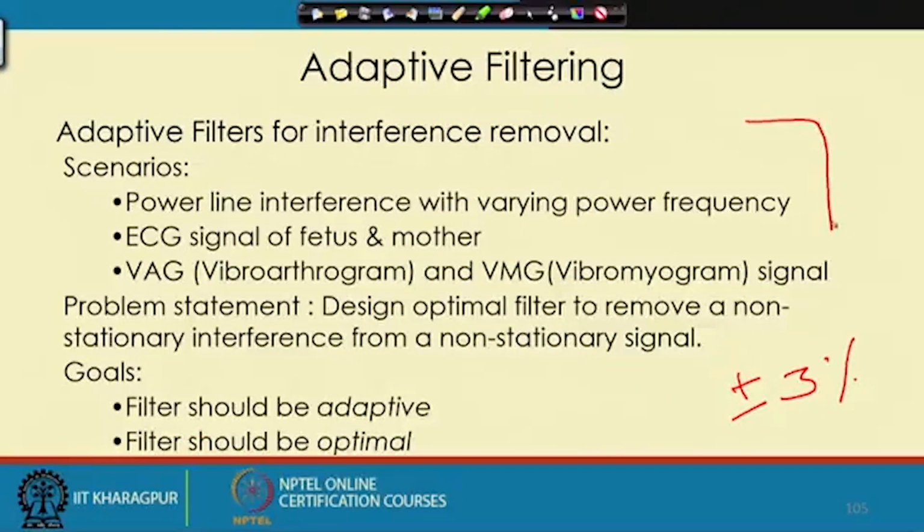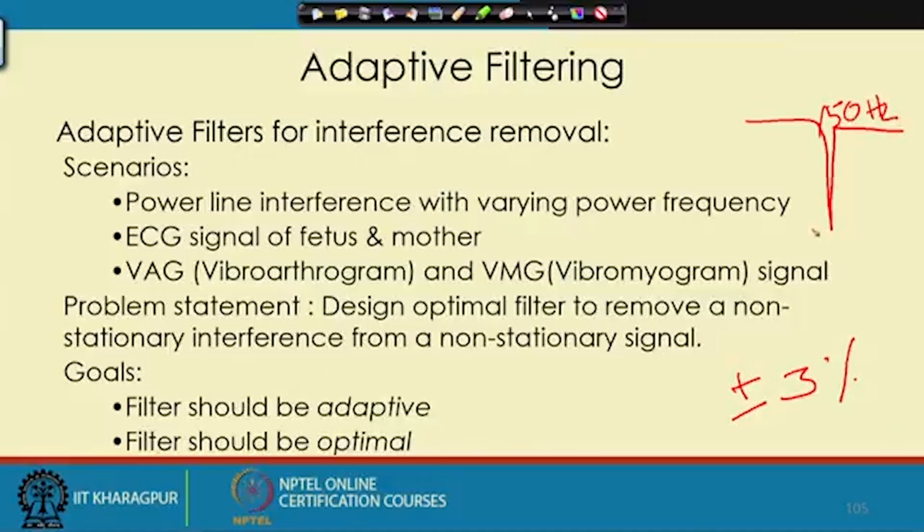Now, under that scenario, what can happen? We have found so far that the notch filter is the base to take care of the power frequency interference. That notch filter is designed at, say, 50 hertz.